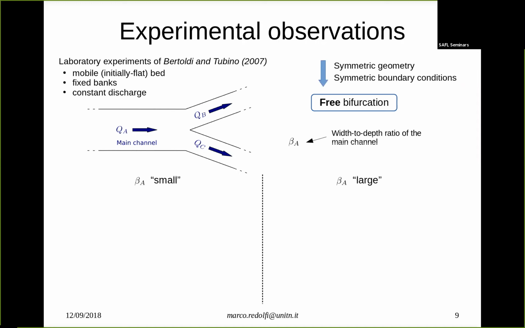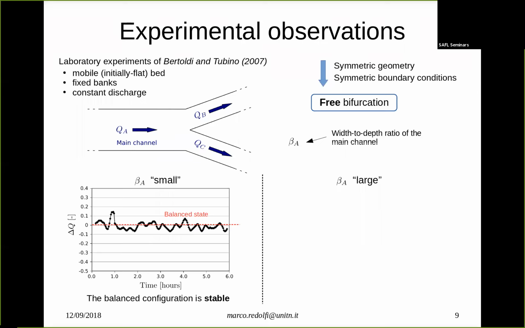What the authors found is a very different behavior depending on beta, which is defined as the width to depth ratio of the main channel. When beta is relatively small, the solution is what you can expect: small oscillations about zero asymmetry, which indicates a nearly balanced state of the system.